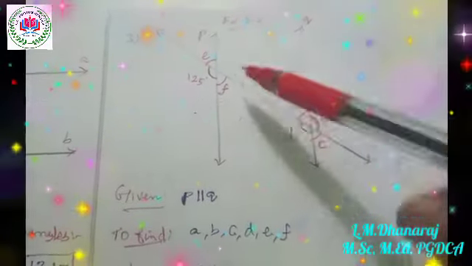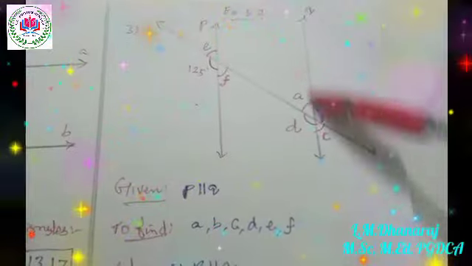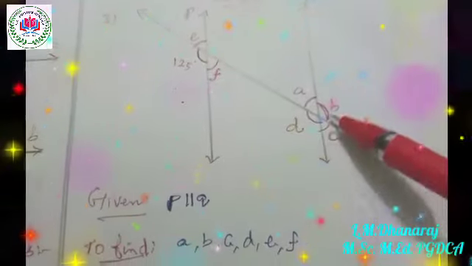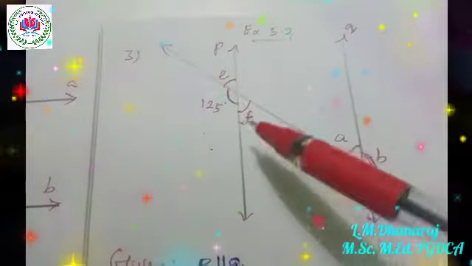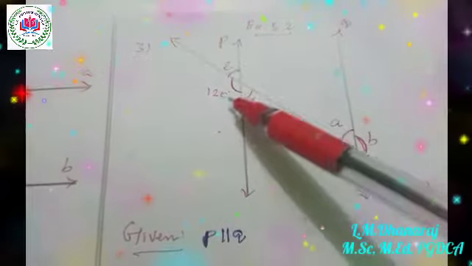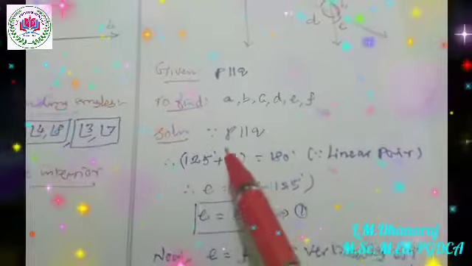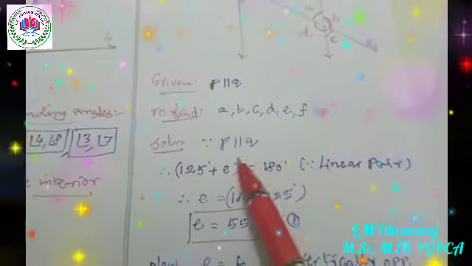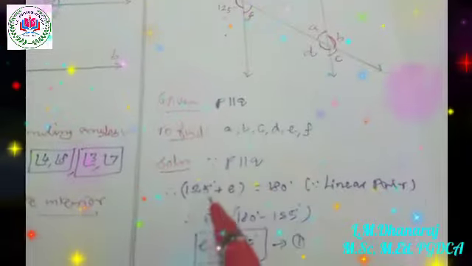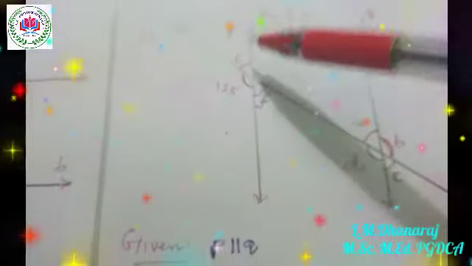Question number 3. The line P is parallel to the line Q and this is the transversal line. Now the angles are given as A, B, C, D and E, F. Now this angle is 125 and we have to find out angles A, B, C, D, E and F. Since P is parallel to Q, we can say this 125 degrees plus E degrees, because this is a straight line, the sum of these two angles will be 180 degrees.